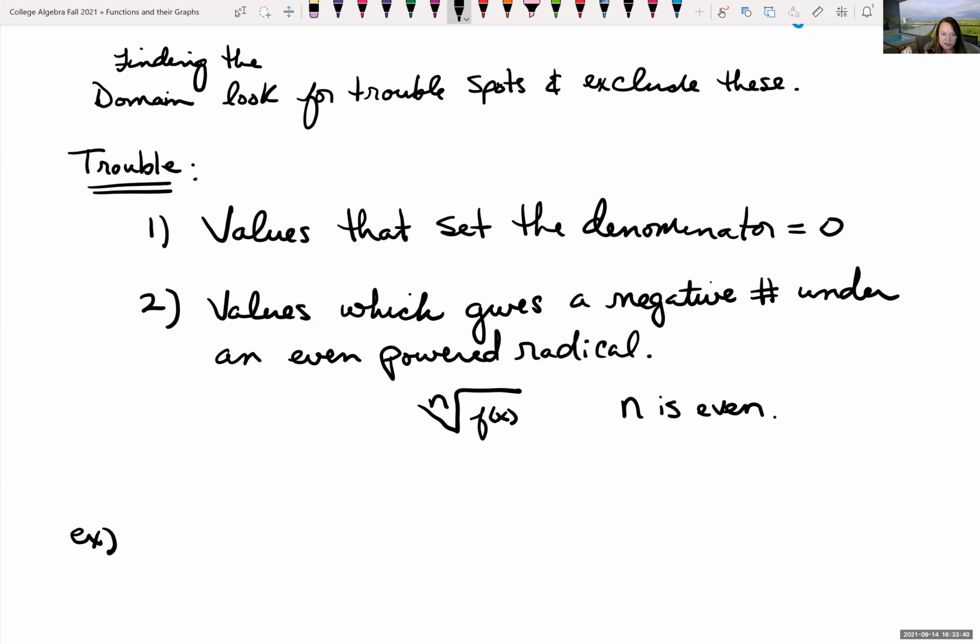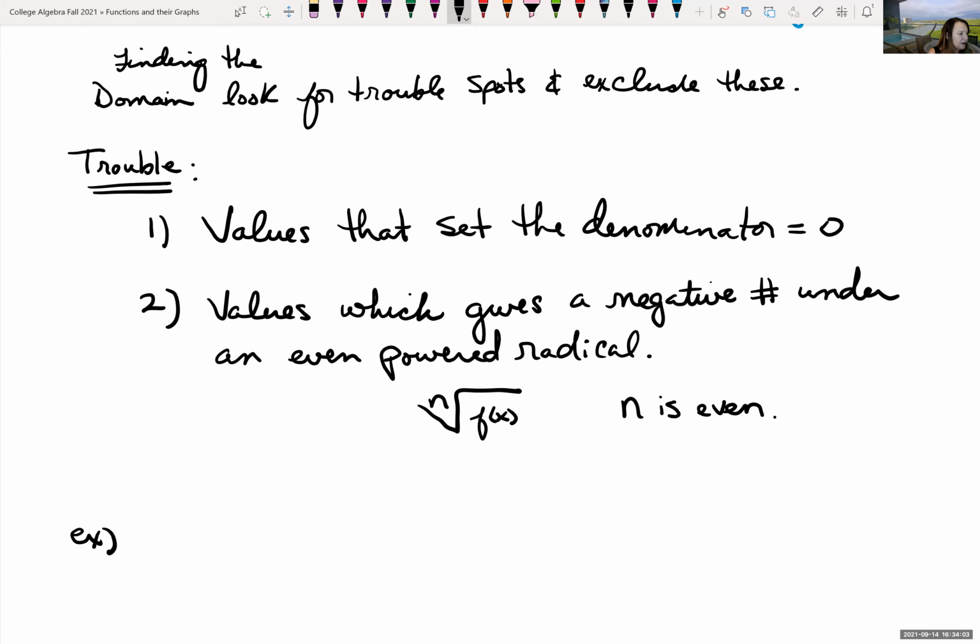Are there any variables down in that denominator? If so, we have to figure out what sets it equal to 0. Or do we have any radicals in our equation? And if so, we're going to have to see if it's an even powered and set what's underneath the radical, which is called the radicand, greater than or equal to 0 if it's not in the denominator.